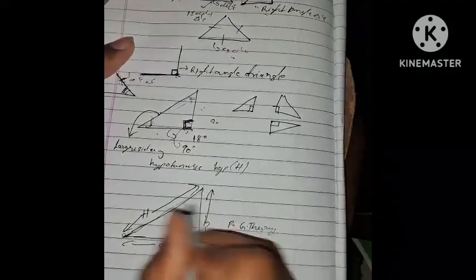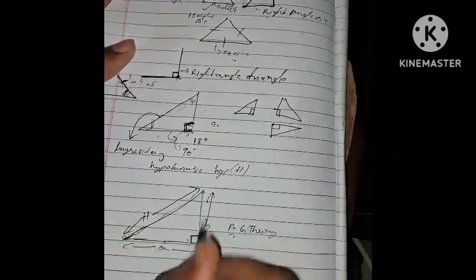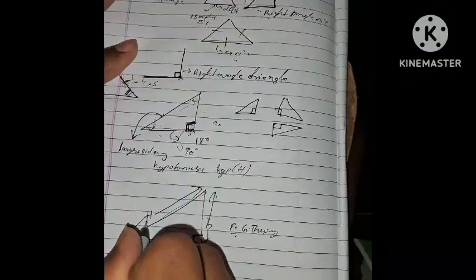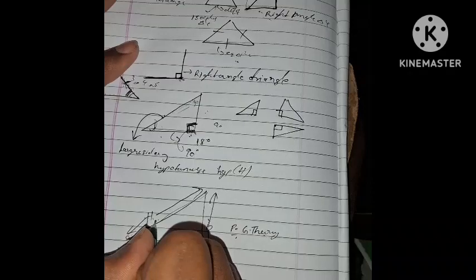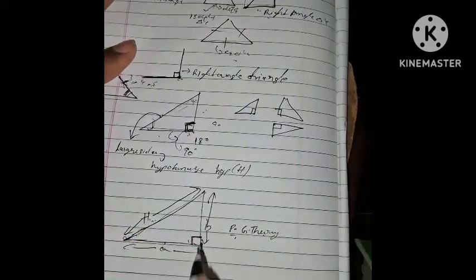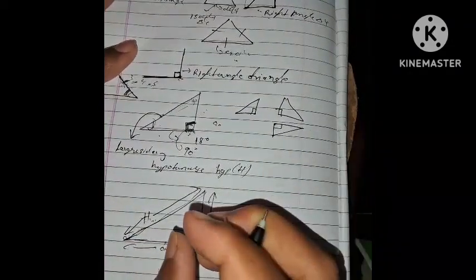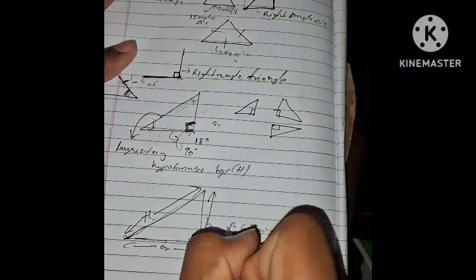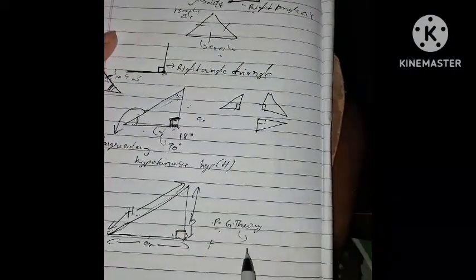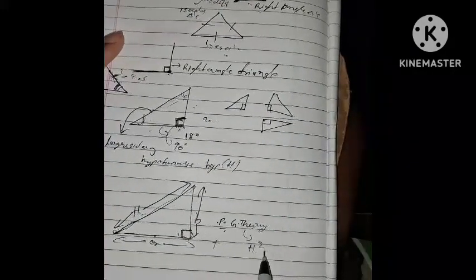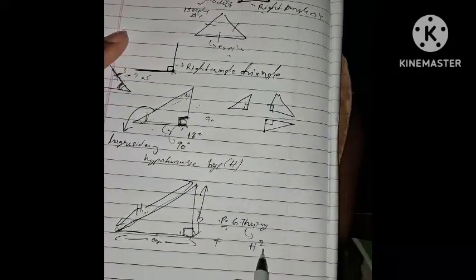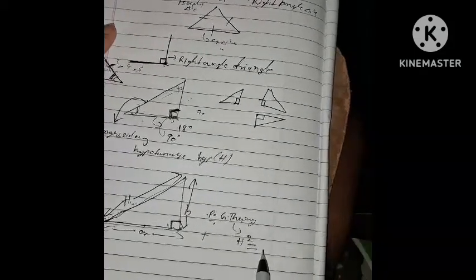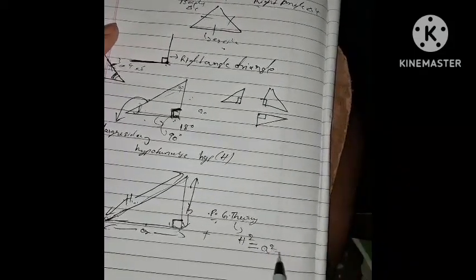in a right angle triangle, square of the larger side, square of hypotenuse, equal to sum of squares of the other two sides. Did you get my point? Square of larger side, that is hypotenuse, equals sum of squares of other two sides.